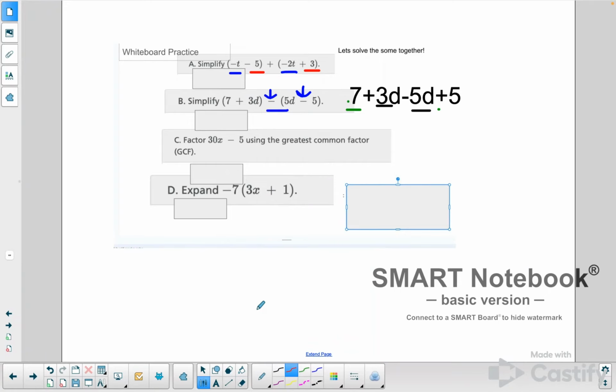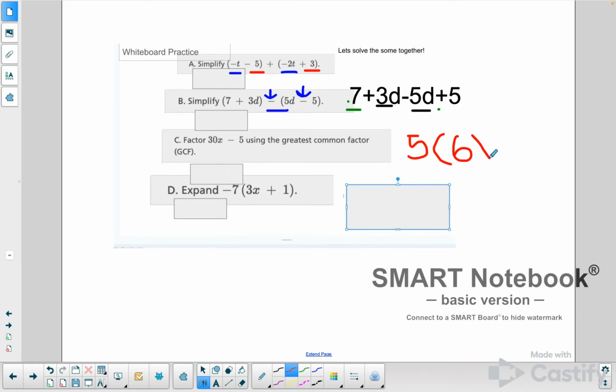Now it says to factor using the greatest common factor of 30x minus 5. So our GCF of 30 and 5 is 5. And what times 5 gets you 30? 6.